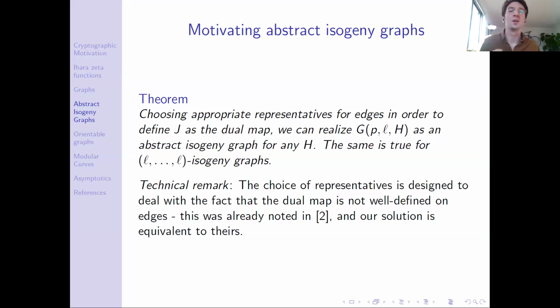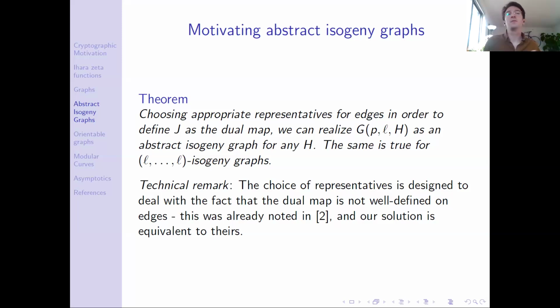So if you're being very careful, you have to choose a set of representatives. We give a not canonical, but nice choice of representatives, and it matches up with what was done in the orientations and cycles paper. I referenced that earlier, but if you've read that paper, they give this notion of a safe arbitrary assignment, and that's to deal with exactly this issue. We give a slightly different construction, but it amounts to the same thing.